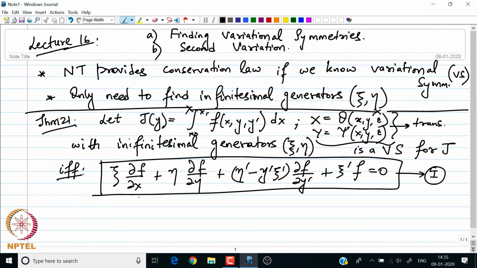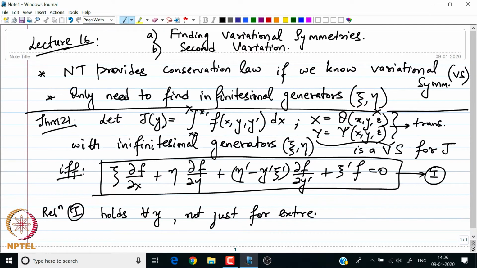So what I just said is the following: relation 1 holds for all y, not just for extremals, and we will see that.